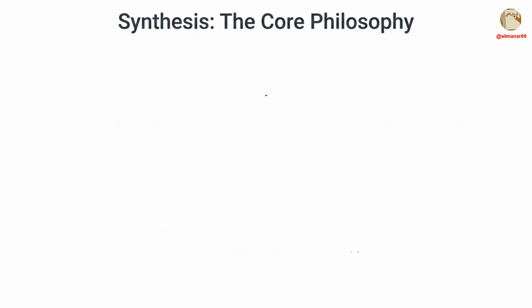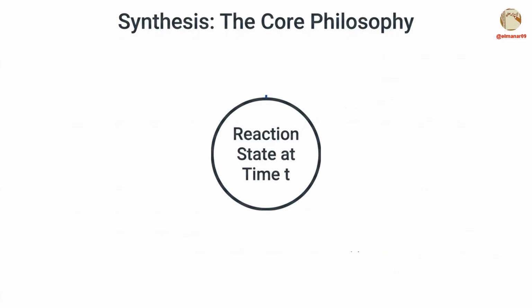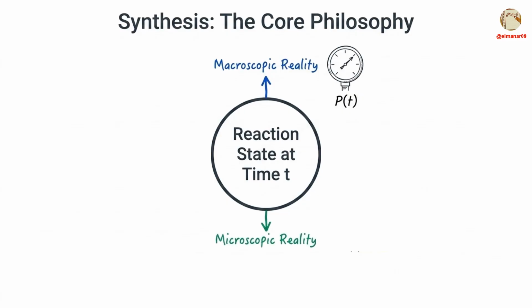Finally, let's look at the core philosophy of our lesson. Chemical kinetics is all about bridging the gap between two worlds. On one side, we have macroscopic reality, things we can measure in the lab, like the pressure P at any time t. On the other side, we have microscopic reality, things we can't see, like the individual moles X reacting at any time t.